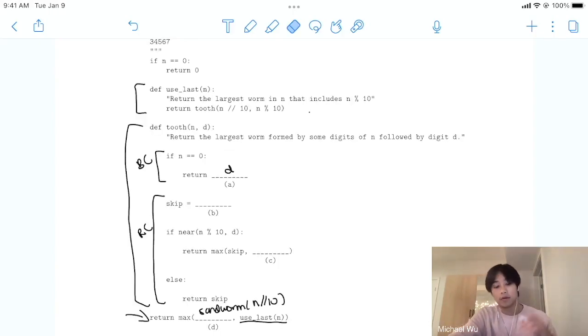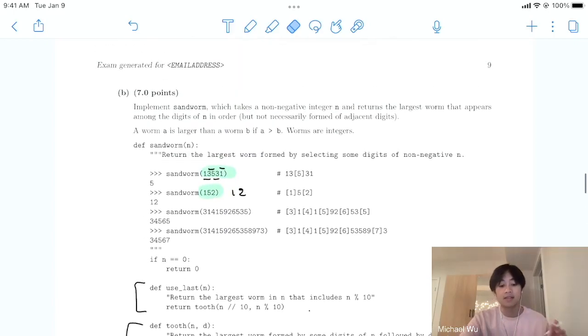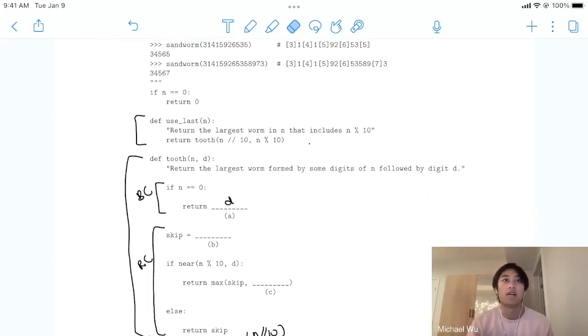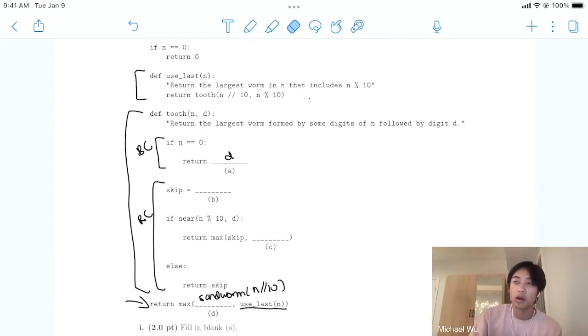Now let's look at the recursive case. If you remember from the problem, it says that you could form worms that contain digits of n that are not necessarily adjacent. So this means we can skip different digits if that created a worm that was bigger, right? So essentially we're left with the same problem as before, where in order to count all of the different possibilities, we could either skip a digit or use a digit.